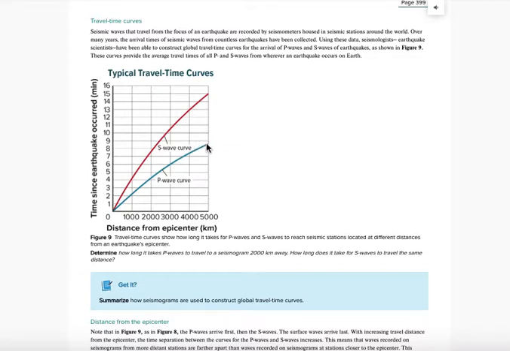Let's see, that's 8.5 minutes to have the P wave reach you, whereas it took 15 minutes for the S wave to reach you. So because the P waves will travel and hit you faster, the further you are, the further apart these times will get. I think that's basically what I wanted to show you there.